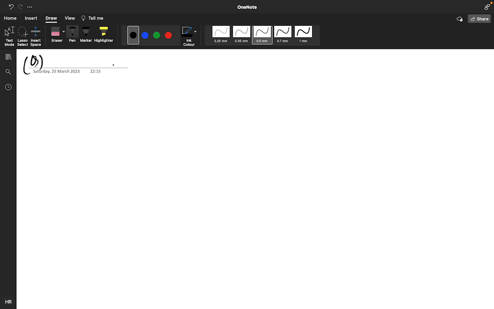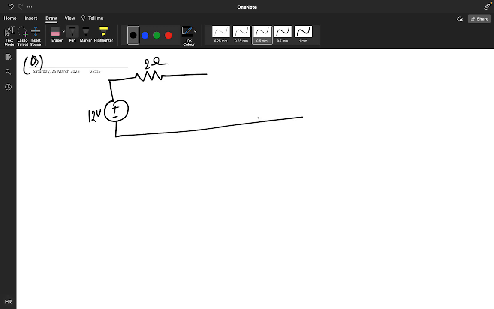Yes, this particular is your circuit. This is your 2 ohm. This particular is your positive negative 12 volt, and the switch was connected to 1, and this is your capacitor, 1 by 400 farad.